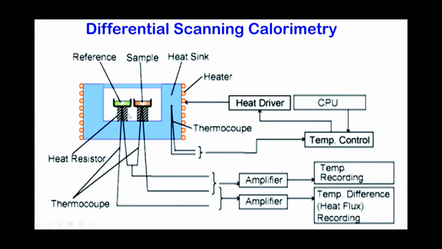The sensor part of the cell is connected to a thermocouple. Now, these thermocouples have the role of recording the temperature as well as the temperature difference, which is basically used to calculate the heat flux. If you see, this section also has a heater which takes care of the sample when heating is performed.